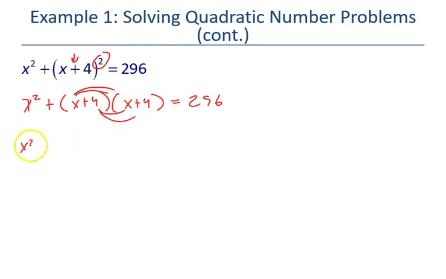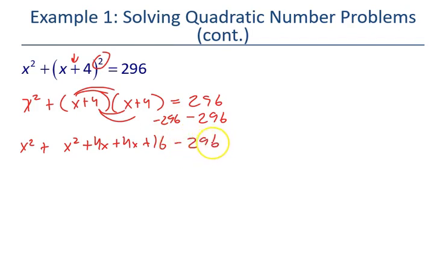Notice here I'm going to FOIL this out. So then I'll have x squared plus 4x plus 4x plus 16. Let's get this over to the other side. So I'll subtract 296 from both sides, and that's going to give me minus 296.